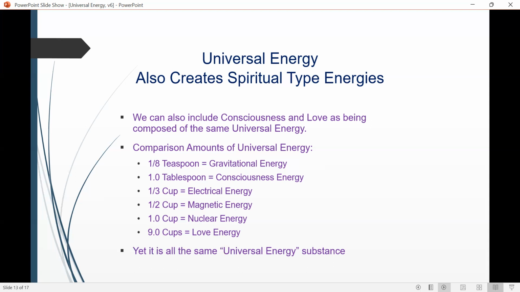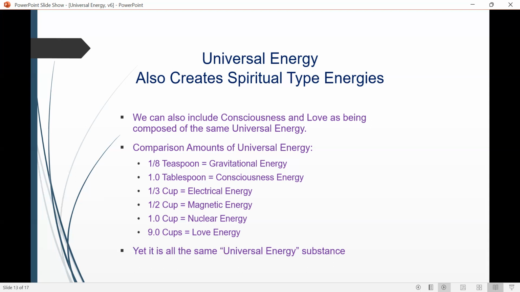Now, you remember what I said about energy fish coming together? Well, consciousness also exists in these energy fish forms. Larger gatherings of the consciousness energy make a larger consciousness. That's why some small animals and small organisms do have consciousness, but not much, because they have those energy fish of consciousness energy within them, but just a small gathering.